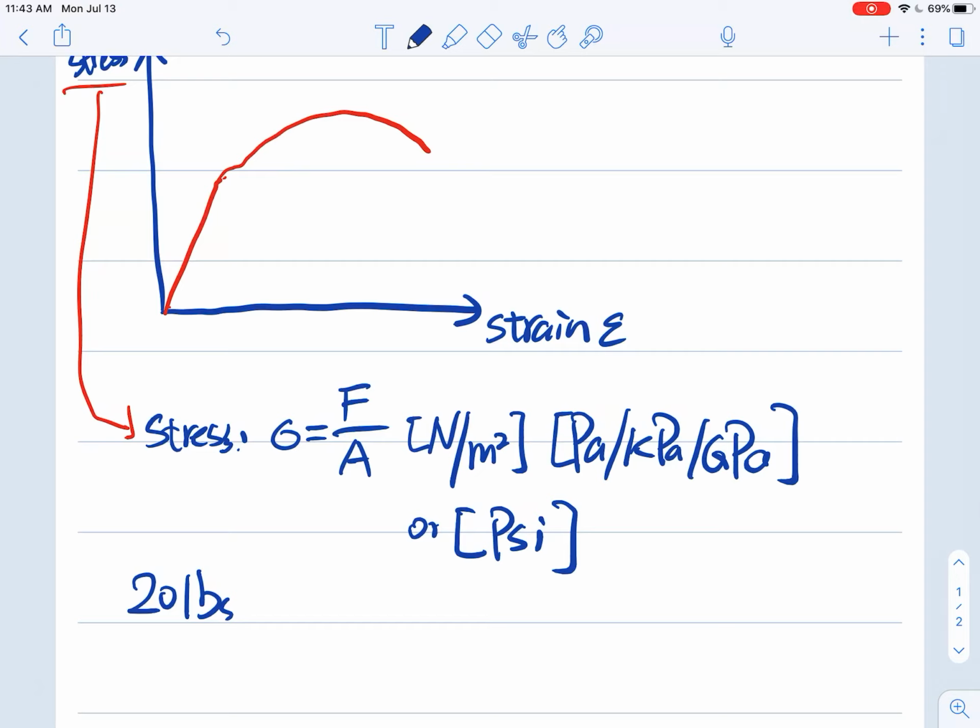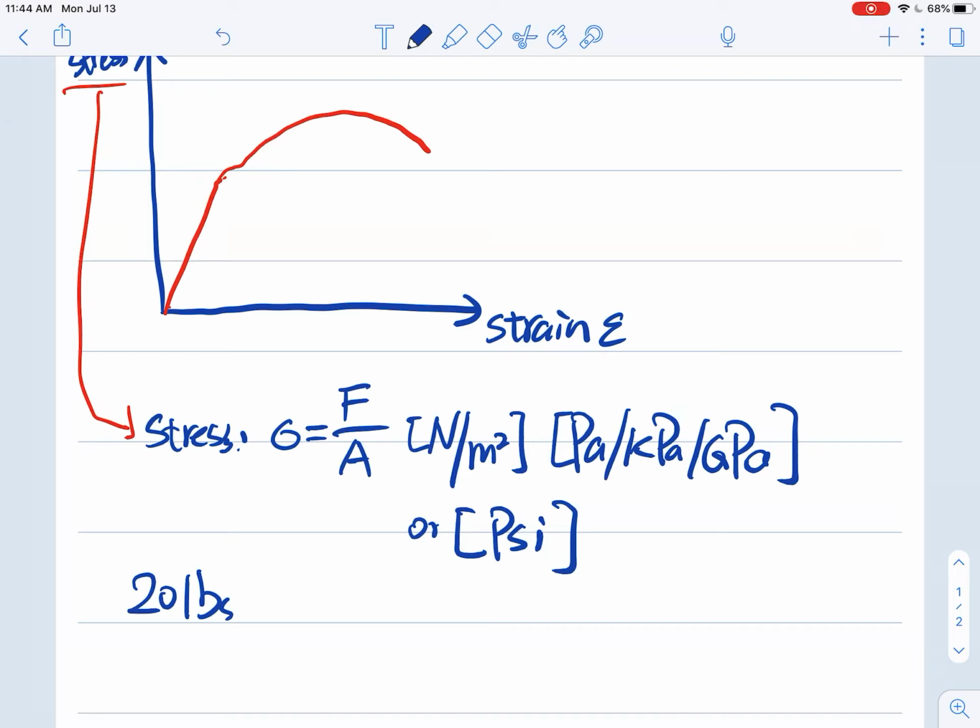If I just throw you this number, 20 pounds, is this large or small? Some of you may say it's a large force, some of you may say it's a small force. However, it is hard to say. It depends on where this 20-pound force is applied. If this 20-pound force is applied on a fairly large surface area, the intensity of the force can be small and the effect is pretty slight.